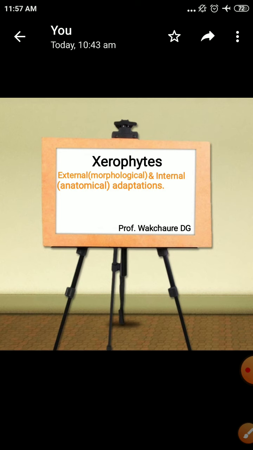Now, such xerophytic plants which grow at dry places, dry habitats where there is scarcity of moisture in the soil, are also found in our region. For example, at places where there is rocky soil or sandy soil, at mountainous places or other places where the soil is very dry, the plants still grow there.